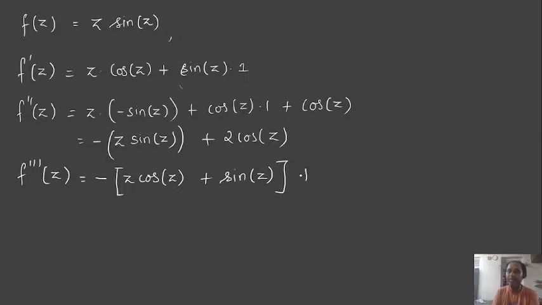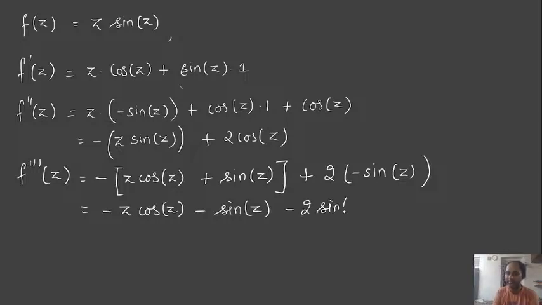Then there is 2 times the derivative of cos z, which is minus sin z. So there is minus z cos z minus sin z, and then there is already minus 2 sin z. So this will give you minus z cos z minus 3 sin z. This is the answer.